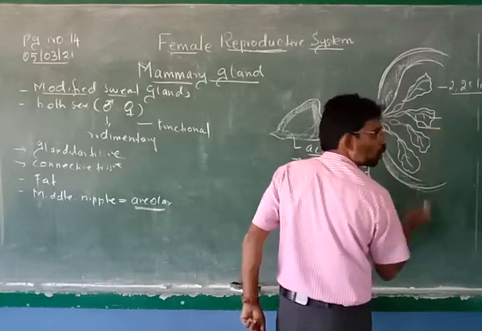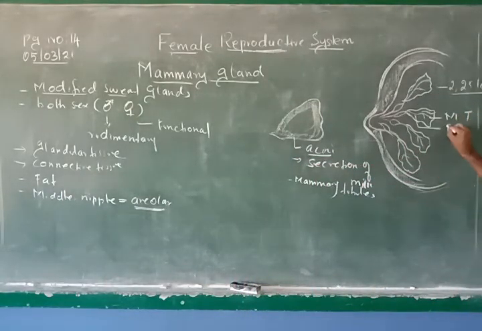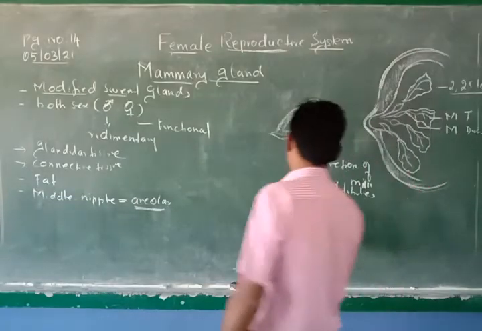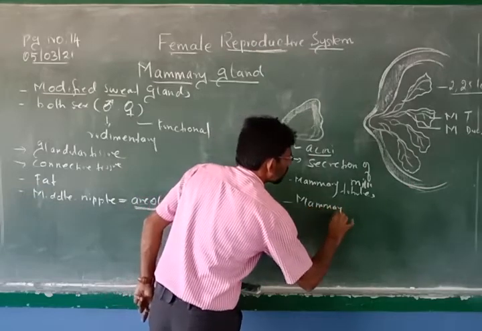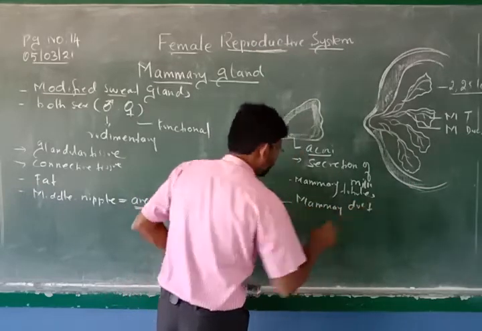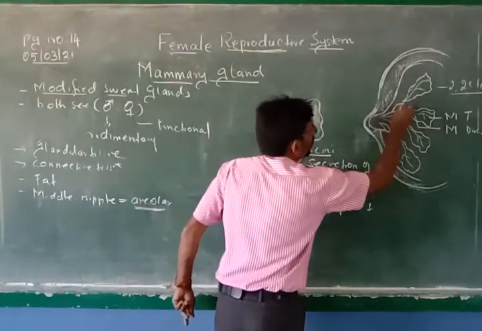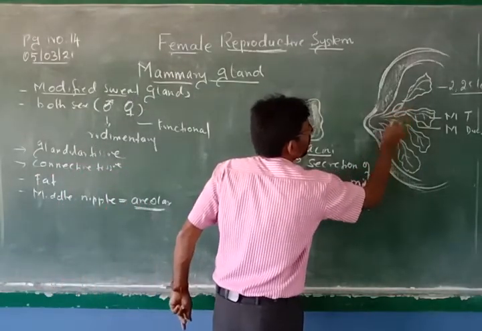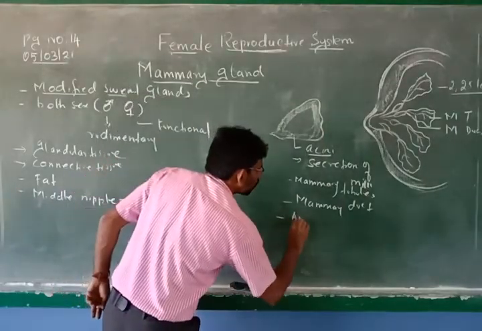The branches are all called tubes. This is the mammary tube, and this area is called the mammary duct. After this it will enter into this kind of structure. You can find a lobe-like structure, and everything will be collected in an area called the ampulla.